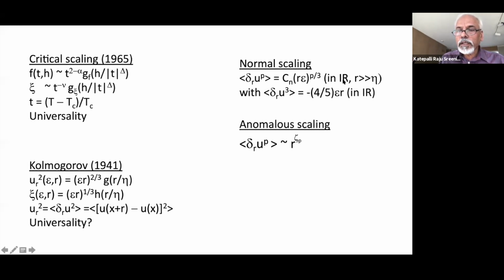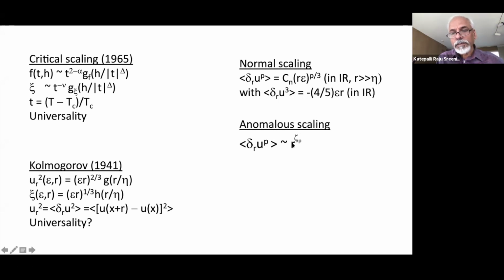What I call IR is the inertial range, r very much larger than eta, with one result that is known to be true, and that is when p is 3, it has this form. Asymptotically, that is the correct result. Now, it's been known for quite some time that the scaling doesn't follow this.